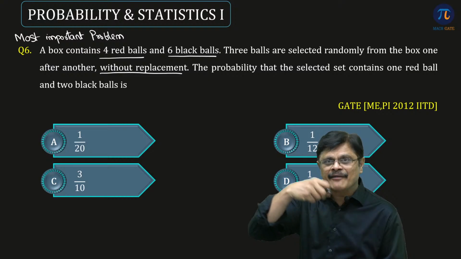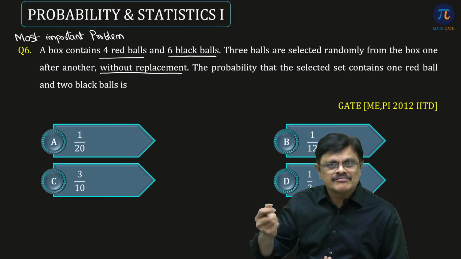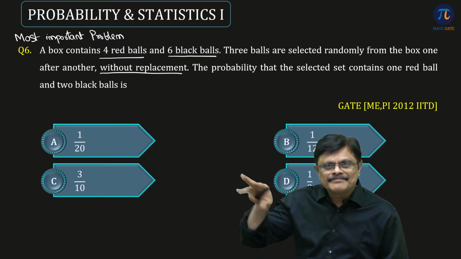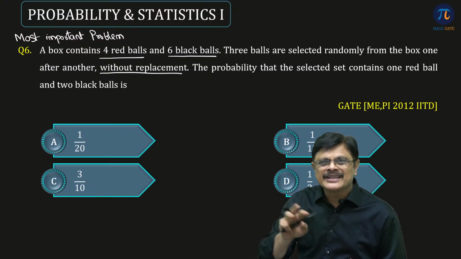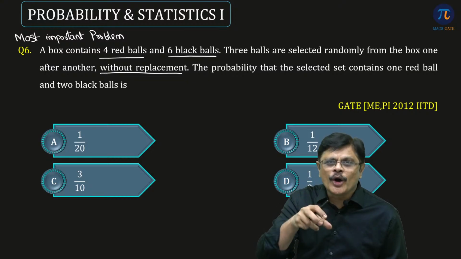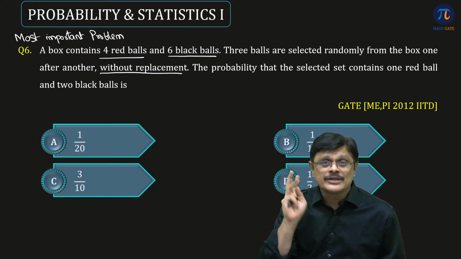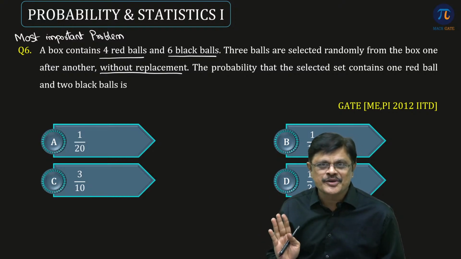That is, you selected one ball, you did not replace it, you threw it somewhere. Again you selected the second ball. Again you selected the third ball. You selected balls one after the other without replacing the balls. Hope you understand the situation.